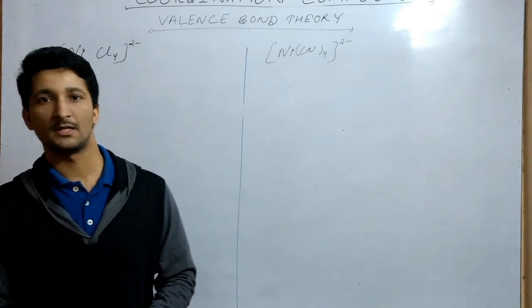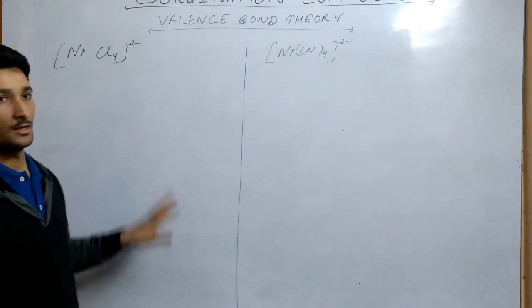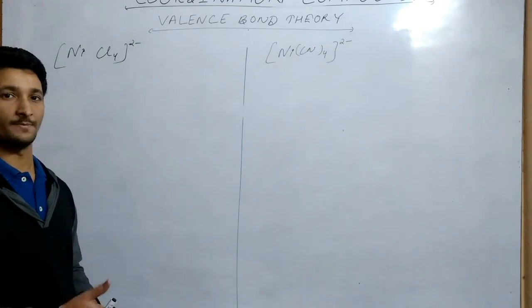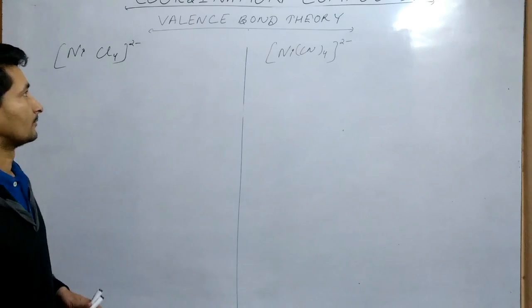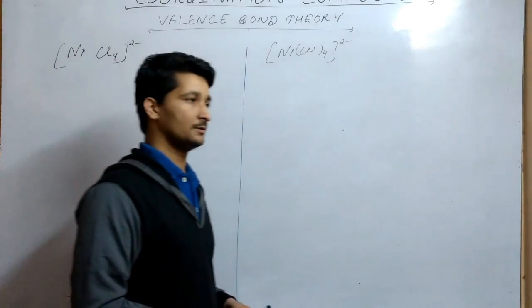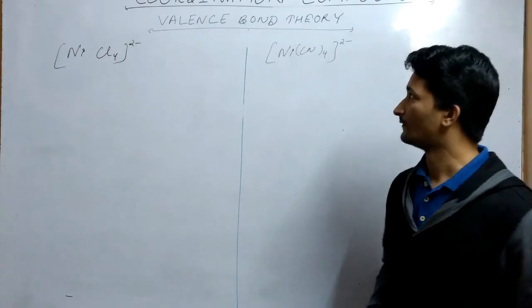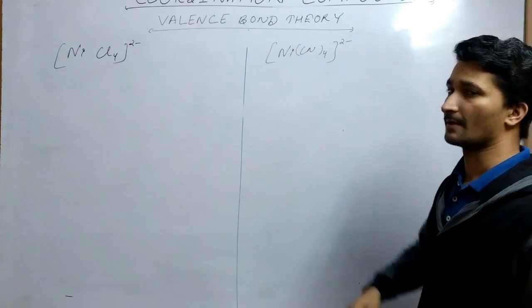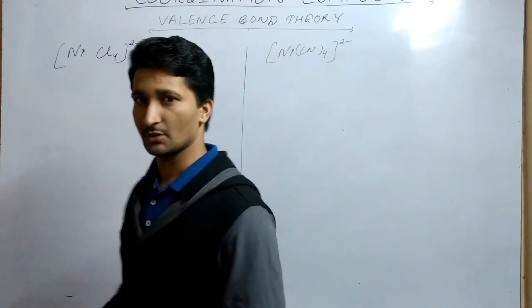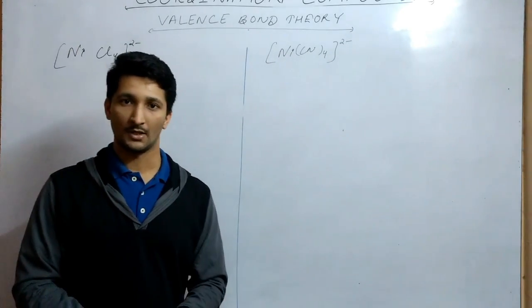We have already discussed that chlorine, because it is a very electronegative atom, will not cause pairing and the molecule will not involve inner d orbitals for hybridization. Whereas in case of Ni(CN)4, carbon is present as the donor atom and carbon is not that electronegative, so definitely it will cause pairing.